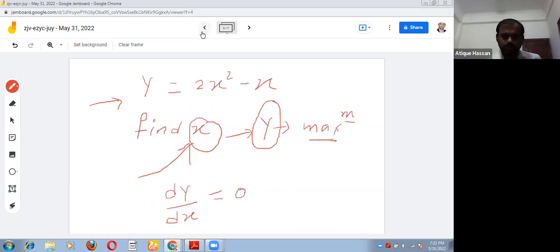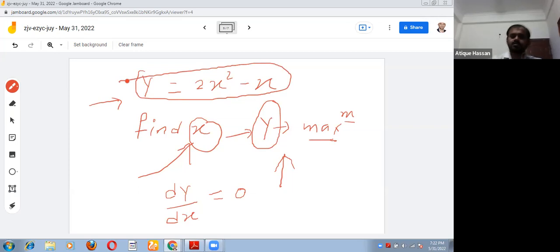The question was we have to find the maximum value of y. We have to find the value of x such that y becomes maximum.